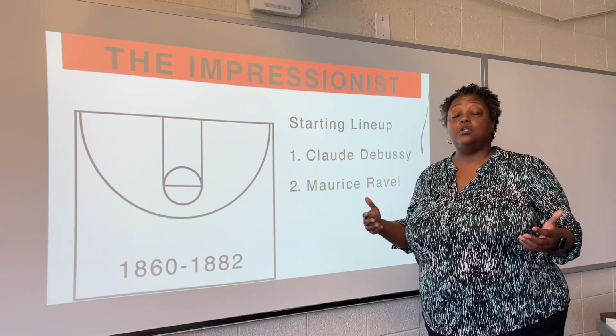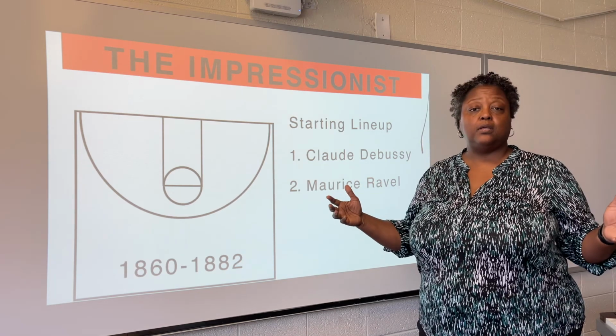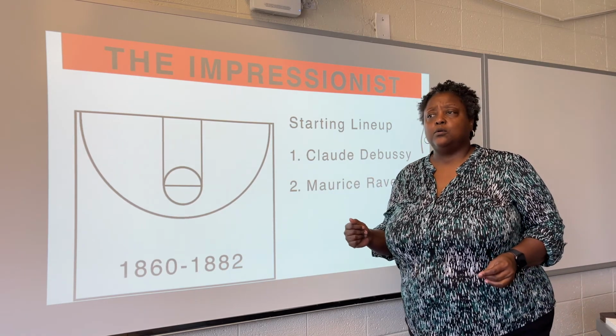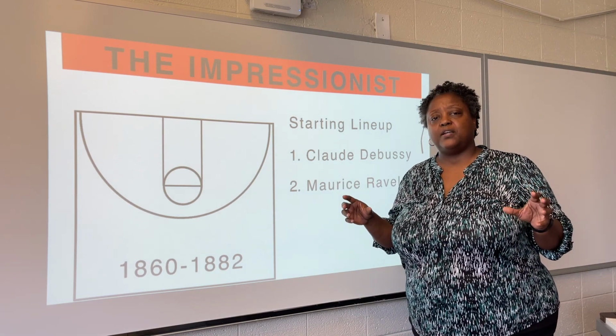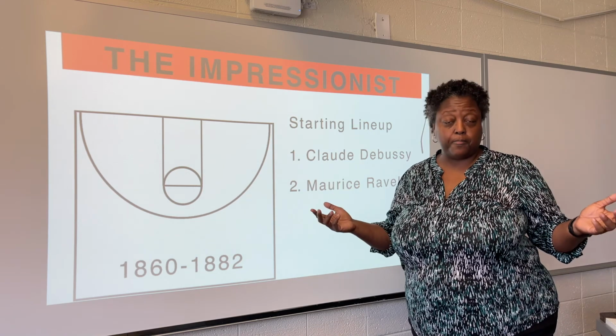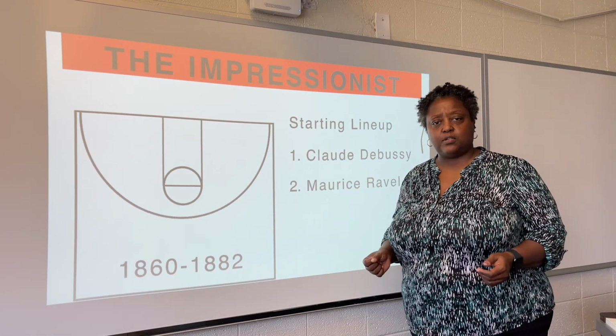And so if you know what music sounds like from the Impressionist period, then you'll be able to identify it very quickly. So you want to make sure that you are finding one or two of their pieces that they're well known for, and then listening to them a few times in order to get the sound in your ear.